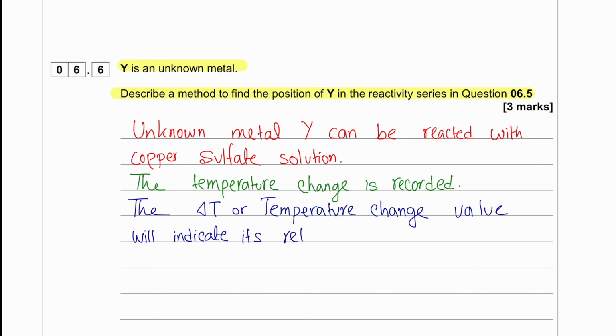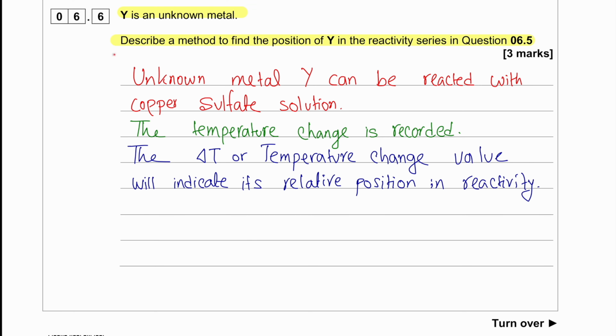Guys, why did we write this particular answer in this way? The reason is that they said we need to describe a method. We will only write the method. In practical, these are the things that we want to record, and that's how we will be able to conclude. So in our answer, we're just going to write the approach that we could have taken to be able to find this.